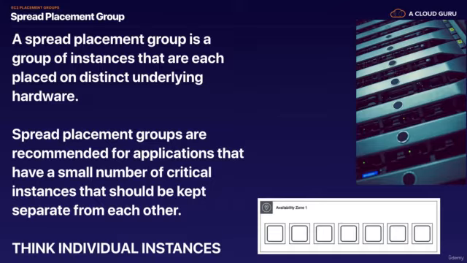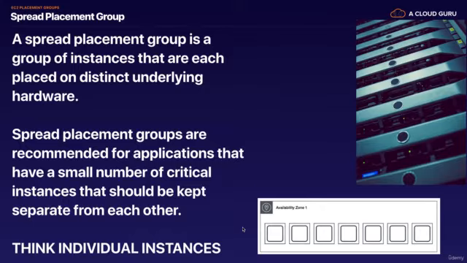With a spread placement group, I want you to think of individual instances. So this individual EC2 instance is on this individual piece of hardware, and it's completely isolated from this individual EC2 instance and this one, etc. So if a rack does fail, it's only going to affect the one instance. So that's all a spread placement group is.